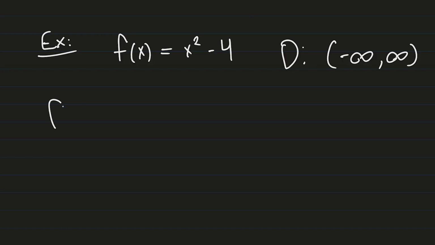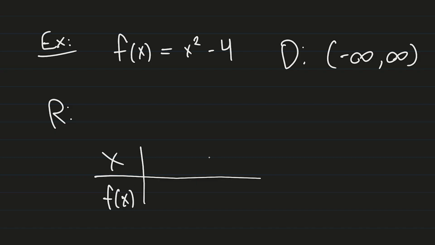As for our range, let's talk about that a little more. Let's try to think about what values could possibly come from this. Let's use a table to represent it. If I have x up here and f of x down here, and let's start in the middle and say we plug in 0. We get 0 squared, which is 0, minus 4, which equals negative 4.